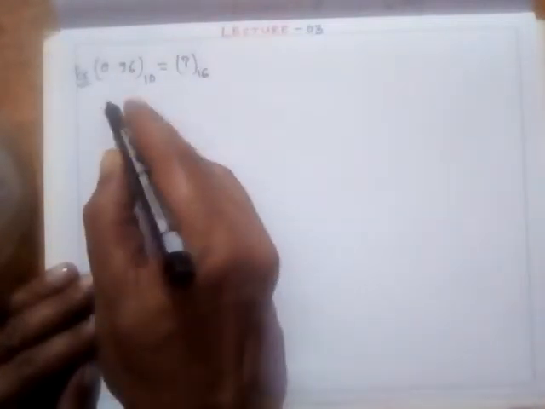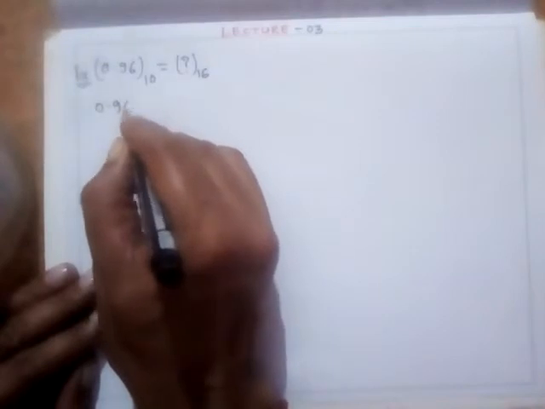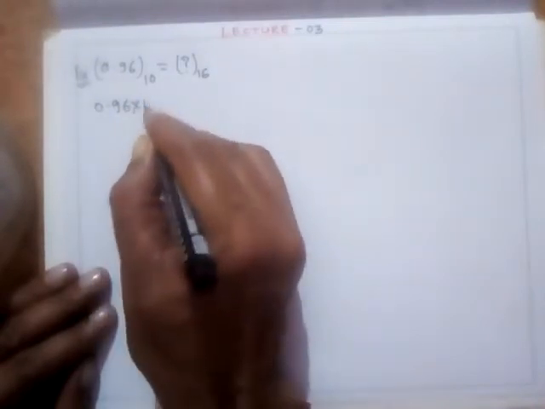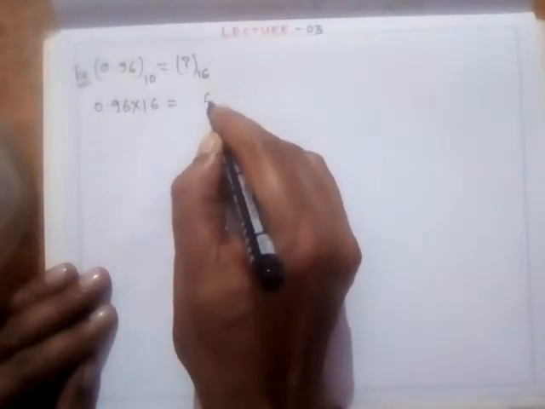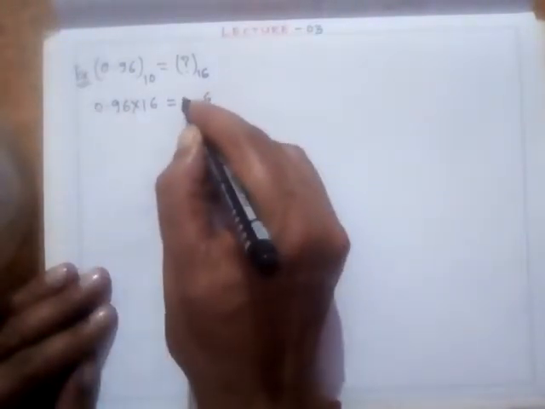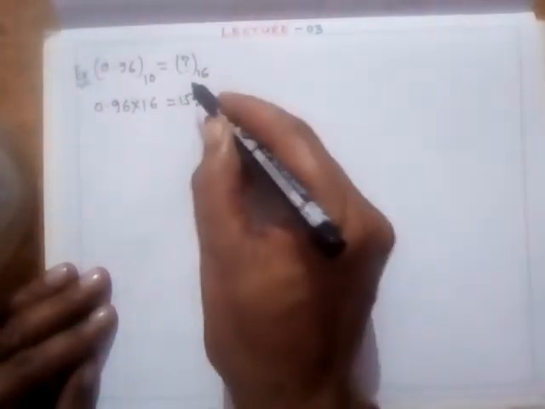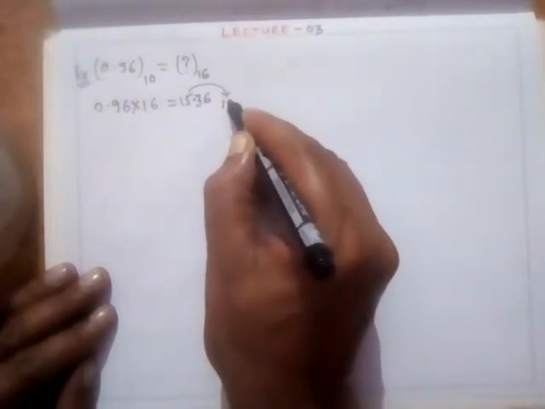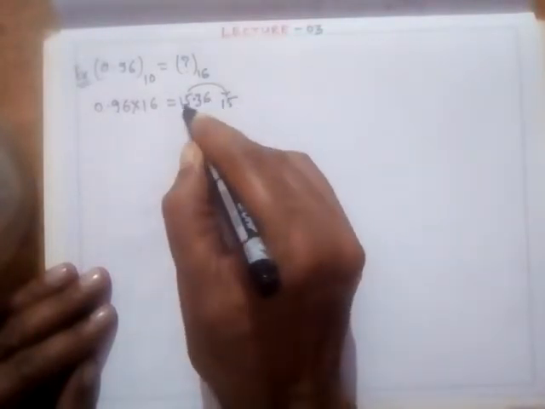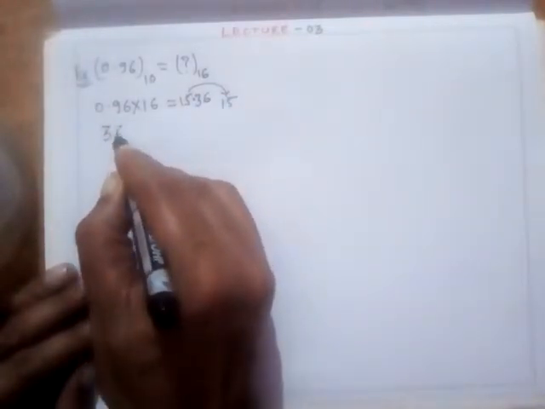I told you in the last lecture what you do: it is simply 0.96, I multiply this by 16. So this will be 15.36. Now I simply write this 15 here, the integer part, and this fractional part 0.36 here.